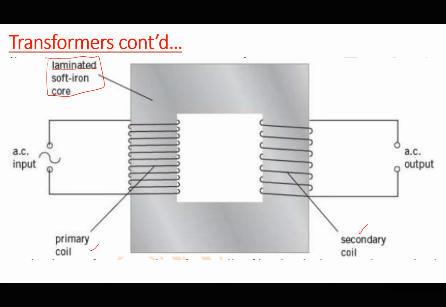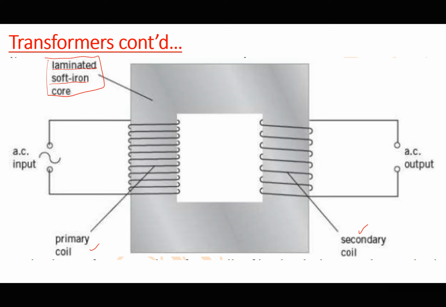In your IGCSE, you know why this is called soft iron. Soft iron is called soft iron to distinguish it from other types of iron, because this one can easily be magnetized and demagnetized, which means the magnetic field becomes maximum and decreases to zero. That is magnetization and demagnetization.